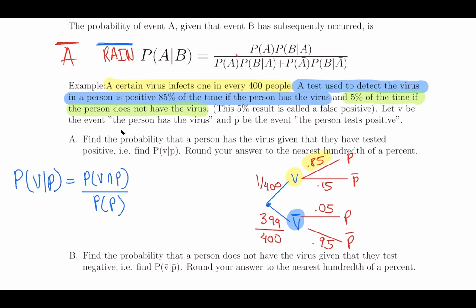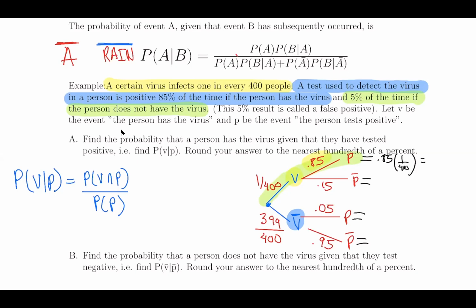So we're going to multiply these branches. Well, here, let's use black. I want to see what percentage the branches give me. The first one I want to do is this branch. To do that, we're going to do 0.85 multiplied by 1 divided by 400.